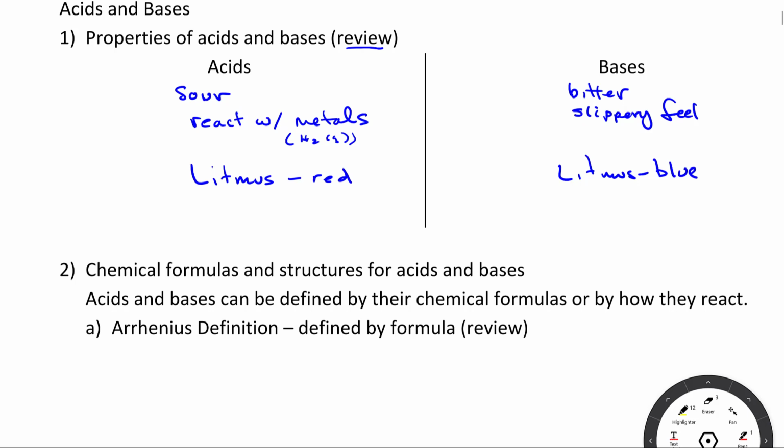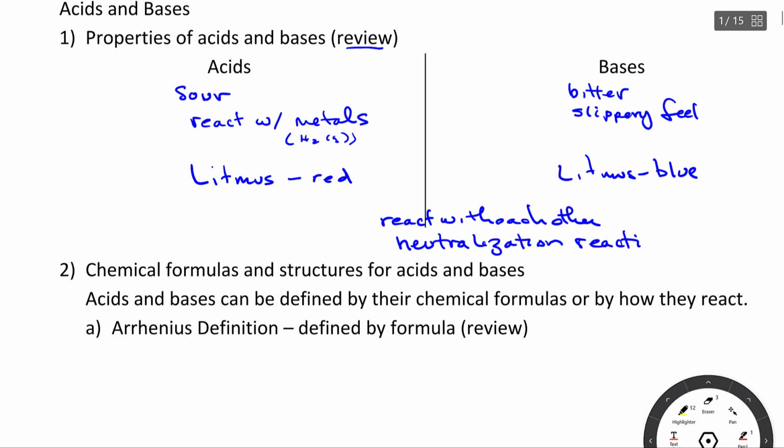The other property that acids and bases have in common is that they react with each other. So I'm just going to put "react with each other" in the middle like that, in a neutralization reaction. We talked about neutralization in acid-base reactions before.